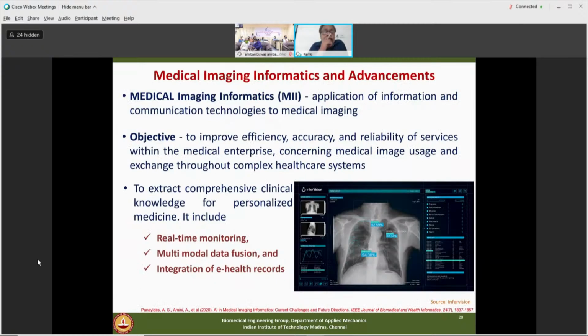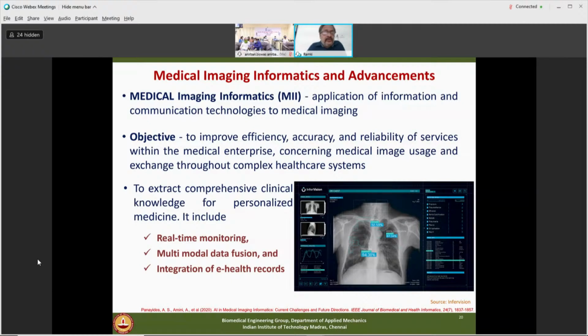Then if you look at the informatics point of view, unfortunately, the advancements that have happened in communication have not been brought into medicine. I don't know why, because all advancements happen in the medical field, but most recent advancements in informatics have not been tried out in imaging.